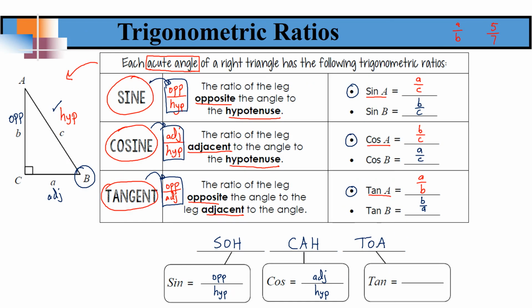And then tangent, or toa, the T stands for tangent, the O stands for opposite, and the A stands for adjacent. So toa means tangent equals opposite over adjacent. If you can memorize so, ka, toa, you will have memorized all three trig ratios that you need for honors geometry. All right, now let's see a few examples.